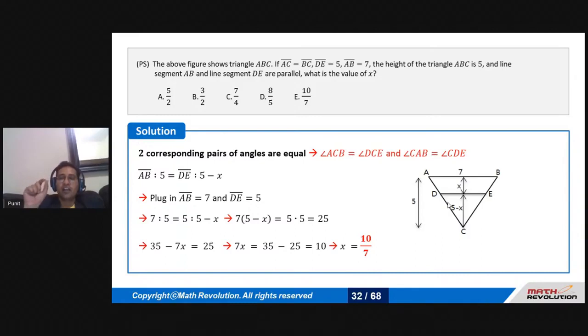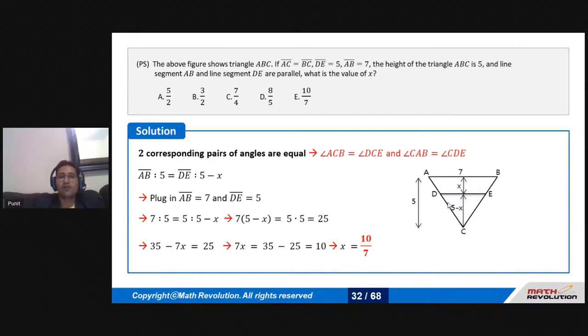So if we take the ratio, AB is to 5, so that's base over height, would be equal to DE is to 5 minus X. So base over height of the bigger triangle is equal to base over height of the smaller. Let's plug in the values. AB is 7, DE is 5.